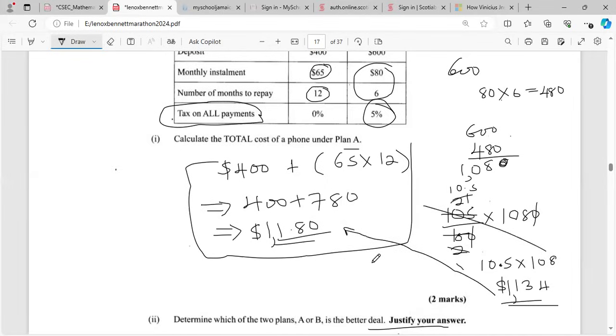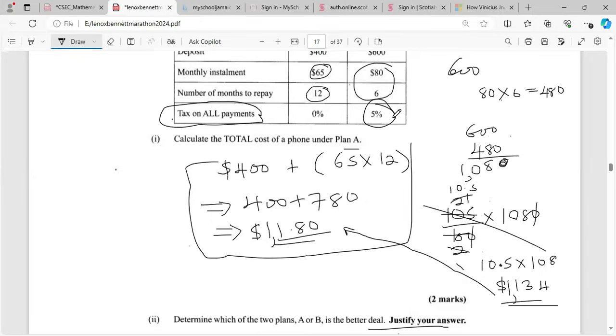When it says tax on all payments, so every time you make a down payment, every time you pay money, you have to pay a 5% tax, which means you pay a 5% tax every month, right? Well, I think they meant the deposit, the monthly deposit. No, the deposit plus the total installment, because CXC couldn't expect you to work out 5%, 5%.